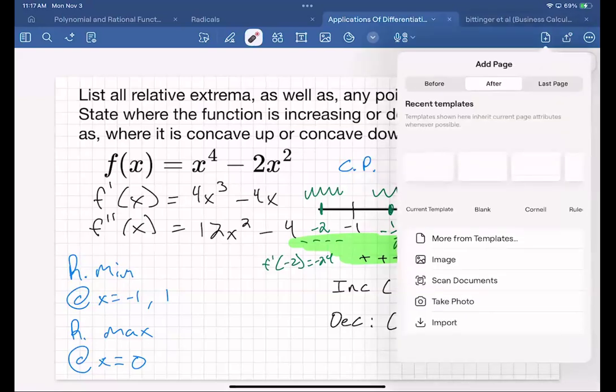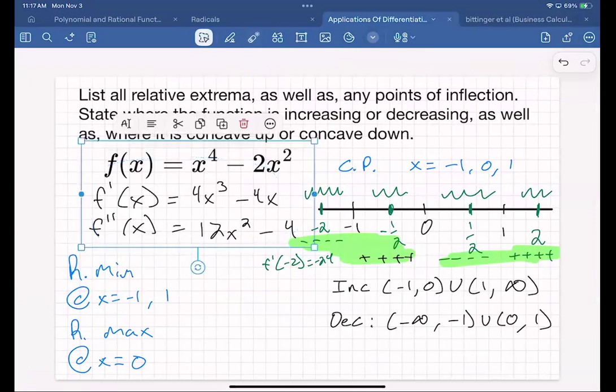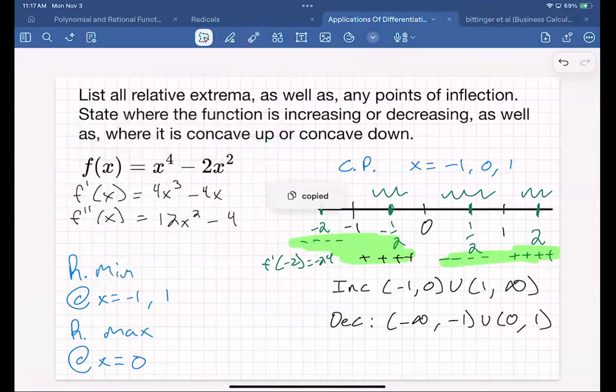Now, are there any concerns where I'm getting that from dealing with this first derivative? Everyone's okay with that in the interpretation of increasing and decreasing? Everyone's good with why I'm saying relative mins and maxes?